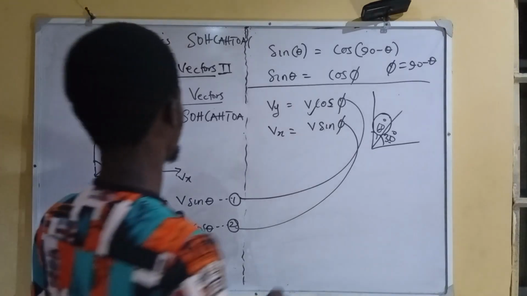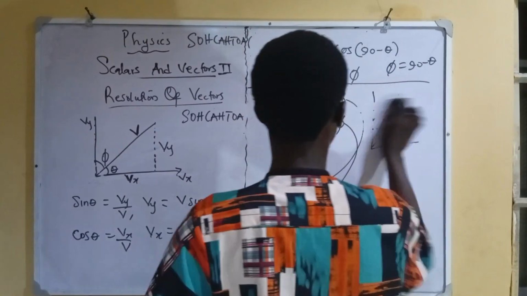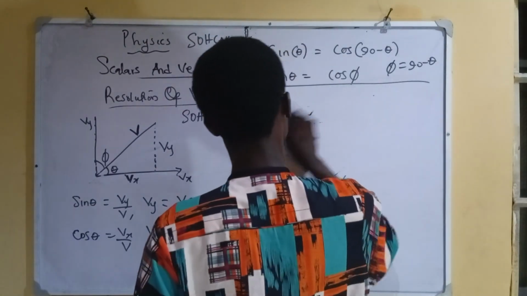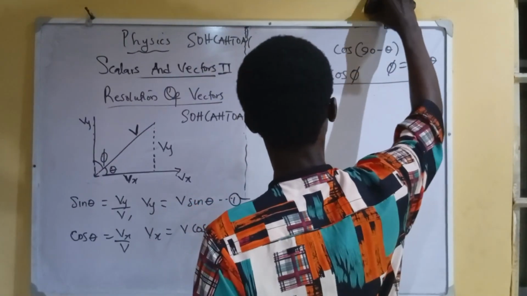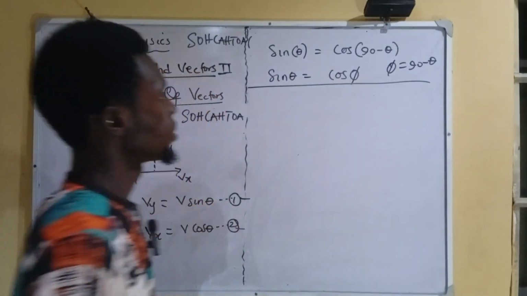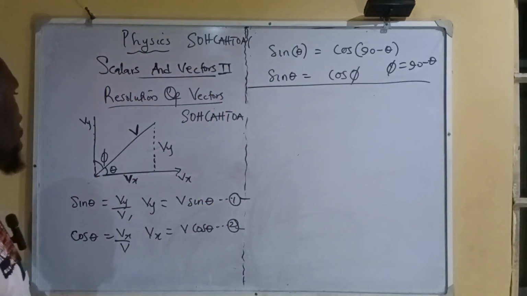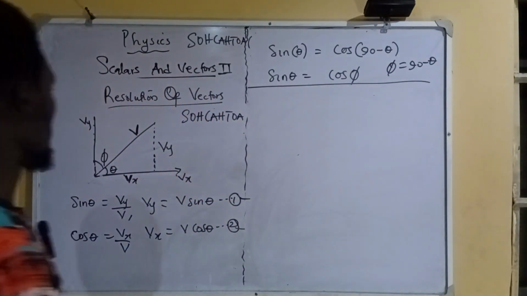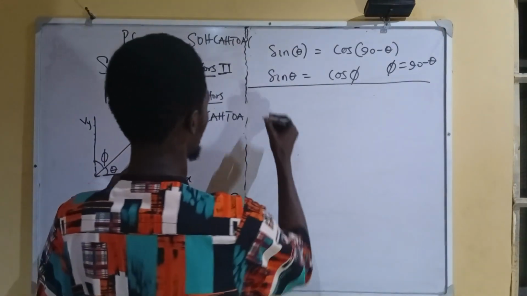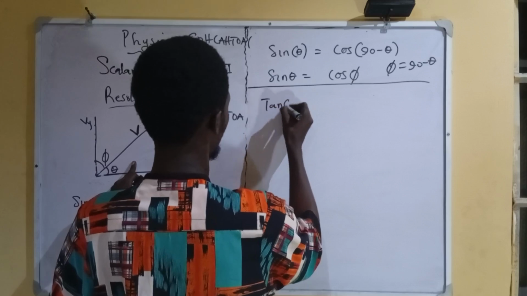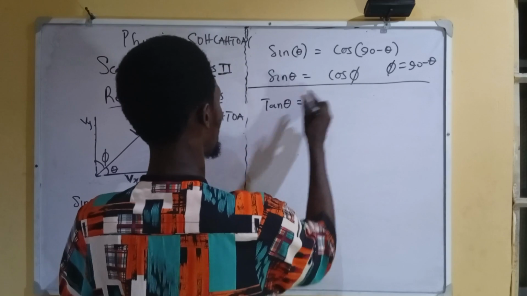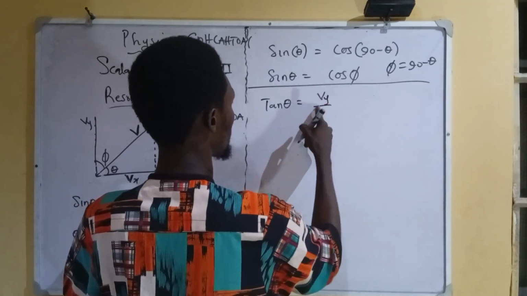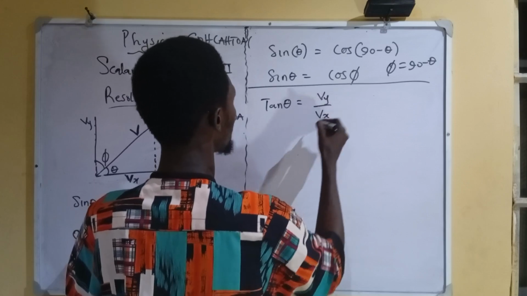So that is how to resolve a single vector into its rectangular components. And these rectangular components are what? Perpendicular. And if you know this vector, you can also have tan theta, the angle of inclination, equals the vertical over the horizontal.